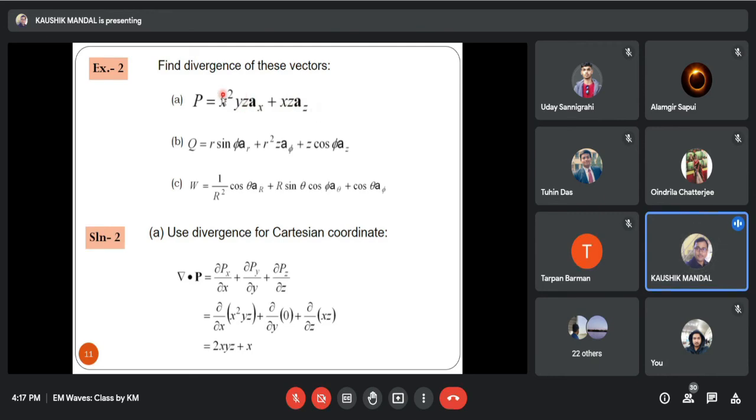So you can find Px by P dot Ax, which is x square yz. What about Py? In this general form, Ay is not there, so Py is 0. And Pz you can find by taking the dot product with Az, so Pz equals xz. Then when you calculate it, it will be 2xyz plus x.